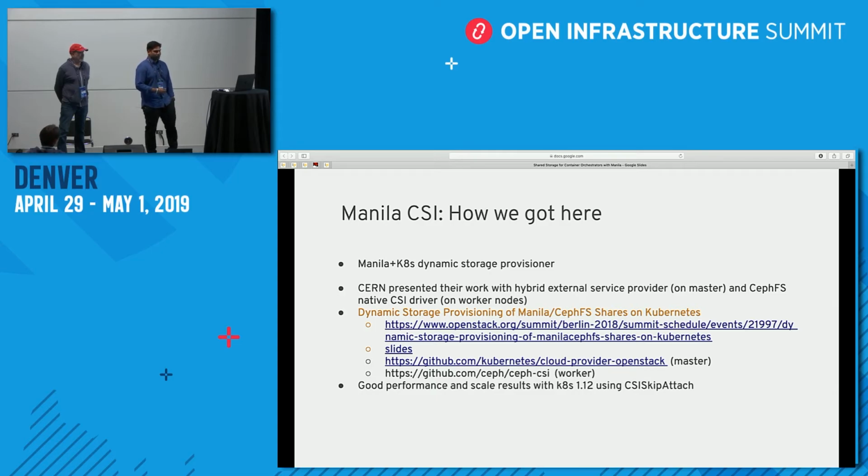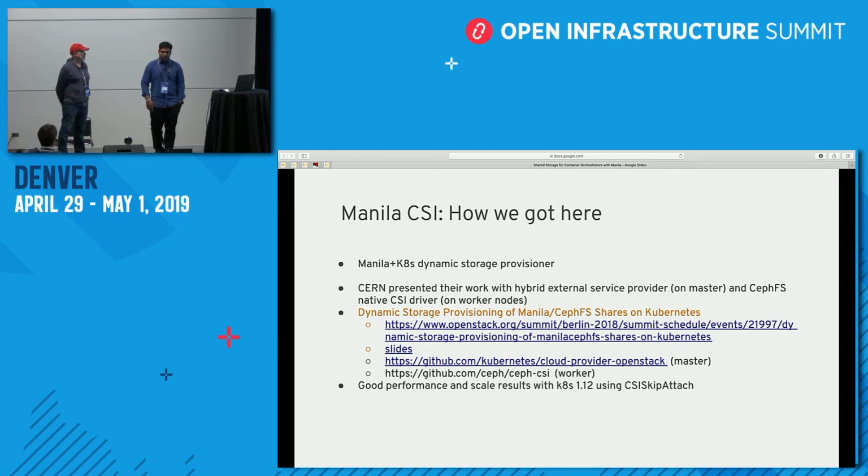Internally, they started exploring writing a CSI driver, and they have a really cool talk that you should probably listen to from the last OpenStack Summit in Berlin. They actually, this wasn't the most elegant solution, but it was cool. They used the Manila Dynamic Provisioner to just take care of the provisioning, and they were using the Ceph CSI driver to do all of the node level management of the storage that was being provisioned.